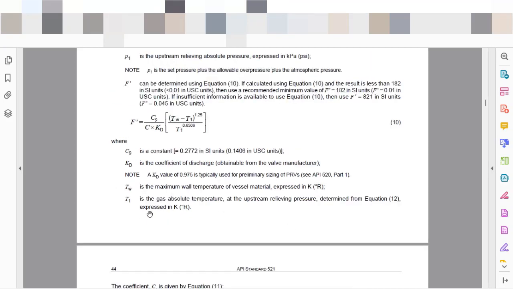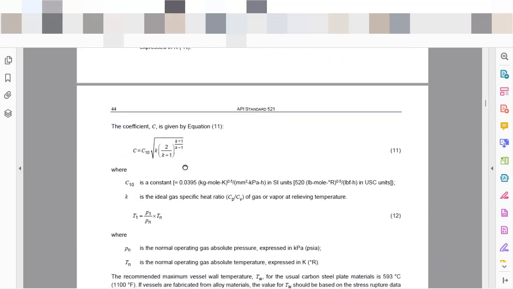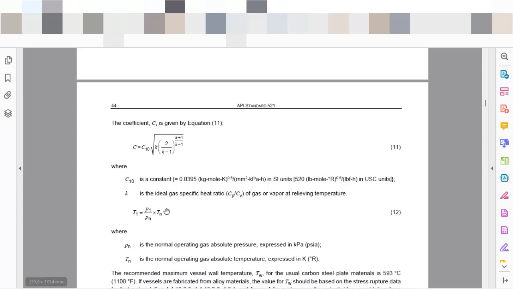temperature. And here we have the first issue, because to define the temperature release, or the temperature at the upstream relief pressure, we need to use equation 12 that uses the relation of the ideal gas.